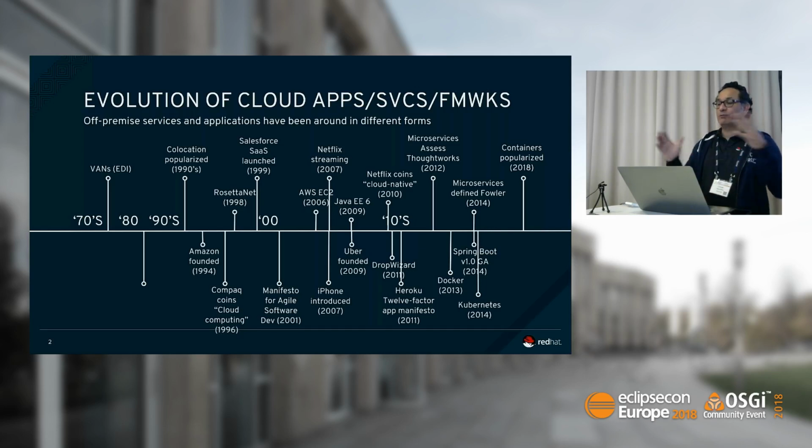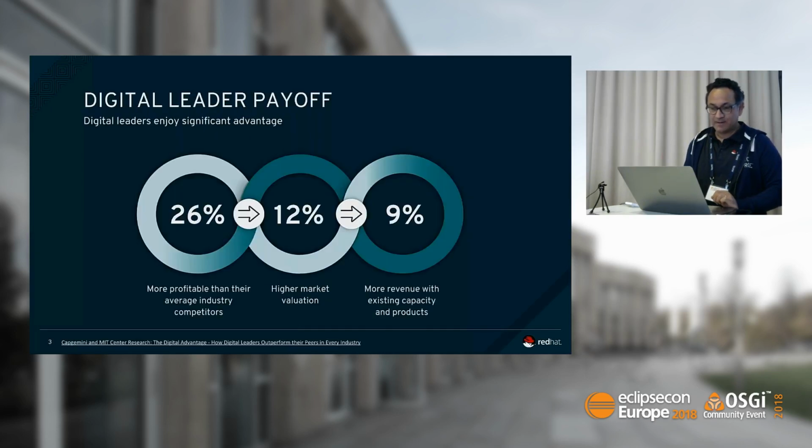And now we live in a world where containers, cloud, and microservices are basically the direction that every corporation is trying to go into. And why is everybody rushing to adopt these frameworks and services and the cloud? It is because of what we call the digital economy.